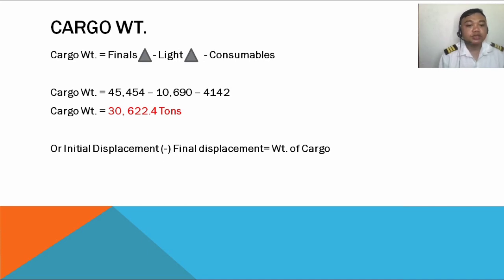Or, if we have an initial displacement before the final displacement, then the difference between these two could be taken and we would have the weight of the cargo, which will be the same. Alright, so we are done.